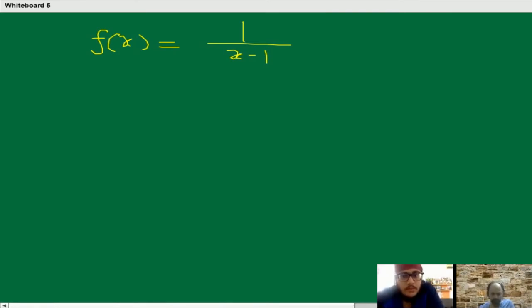Domain. Okay. So domain means possible x values.